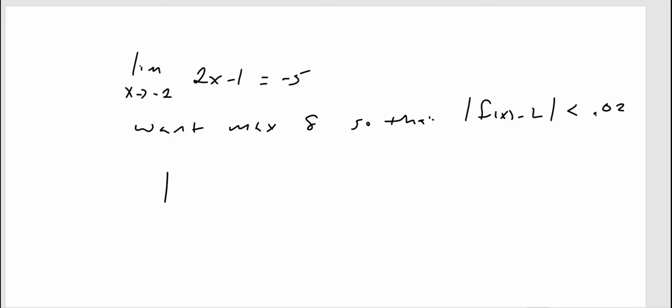What I'll do is say, okay, well, we have |f(x) minus L| has to be less than epsilon, right? So that means |2x minus 1 minus the -5| has to be less than 0.02.